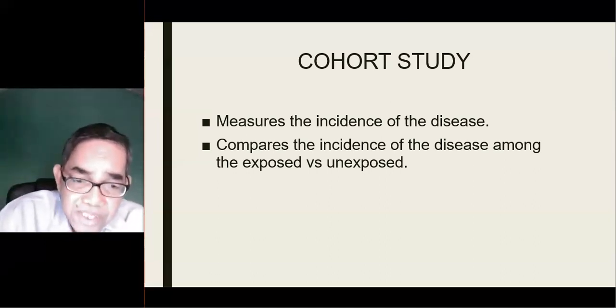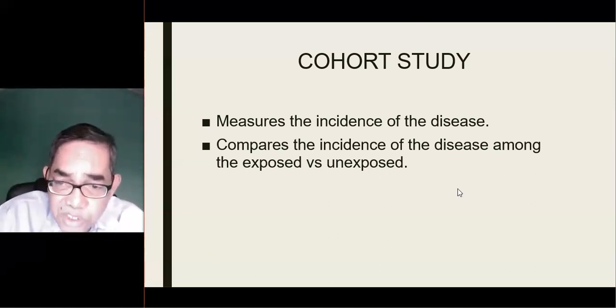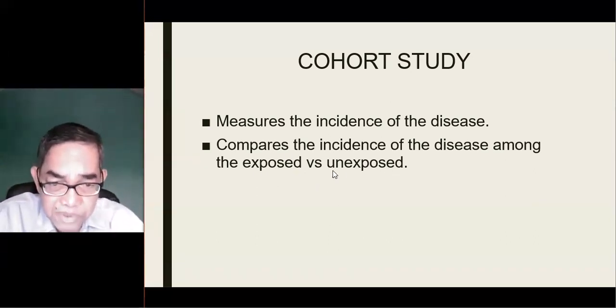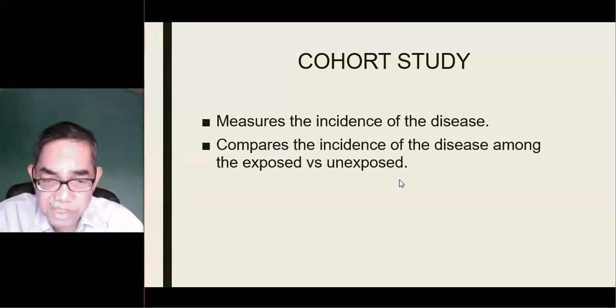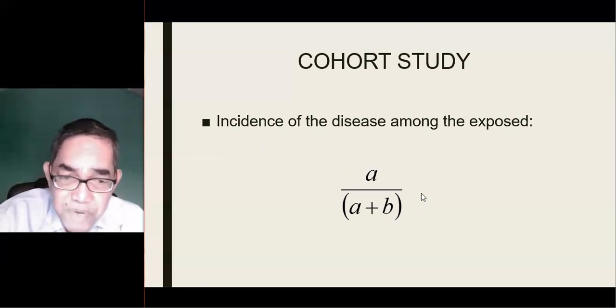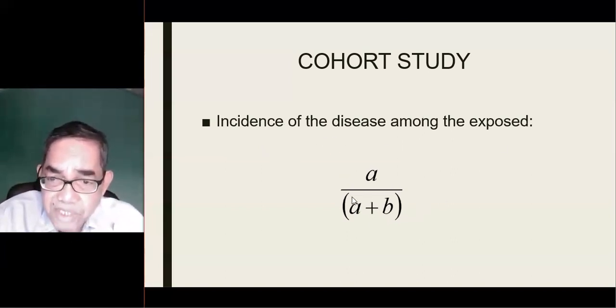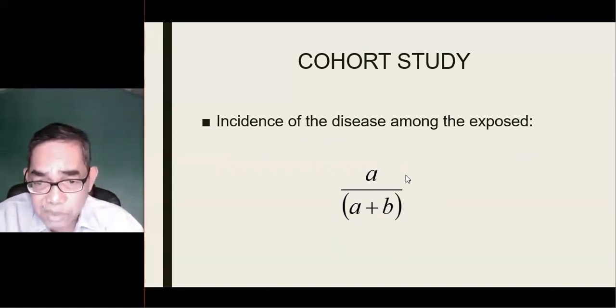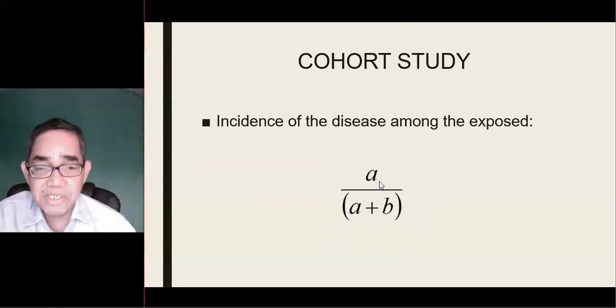And in a cohort study, we compare the incidence of the disease among the exposed versus the unexposed. So this is the formula for the incidence of the disease among the exposed. And you will note that this formula is the same formula as the prevalence of the disease among the exposed. So the A and the B are people who are exposed. The A are people who have the disease or who develop the disease.